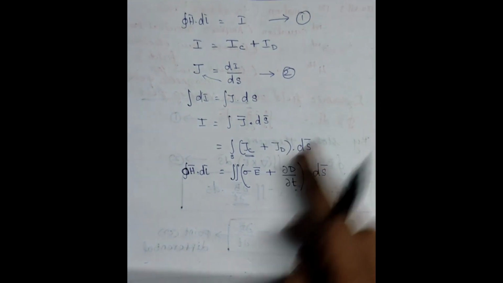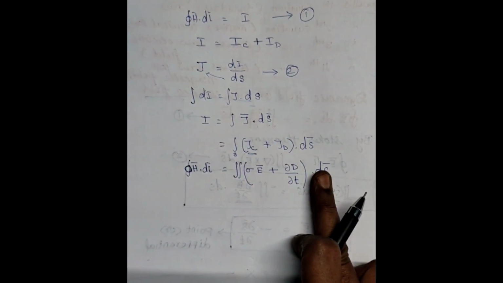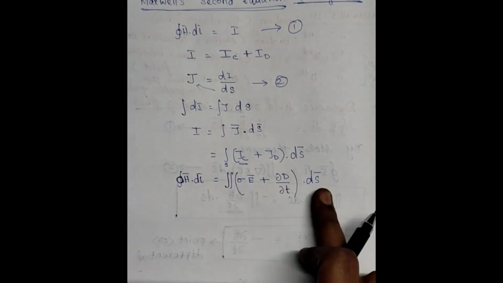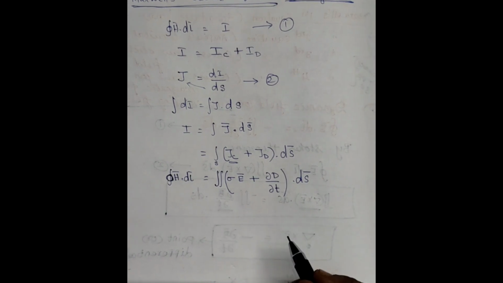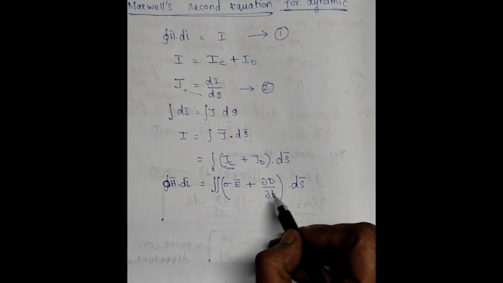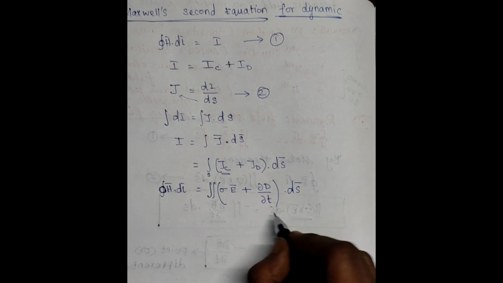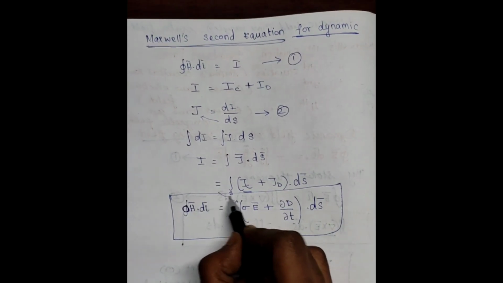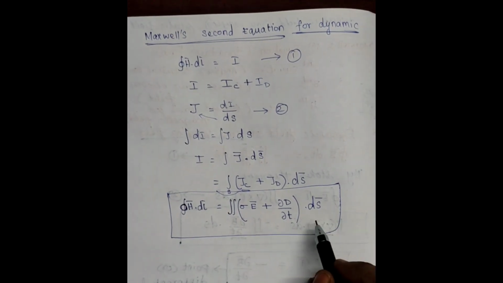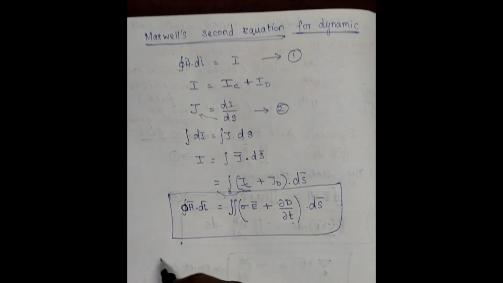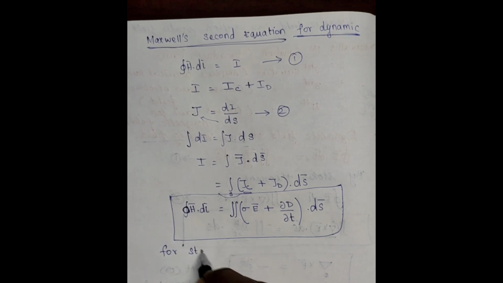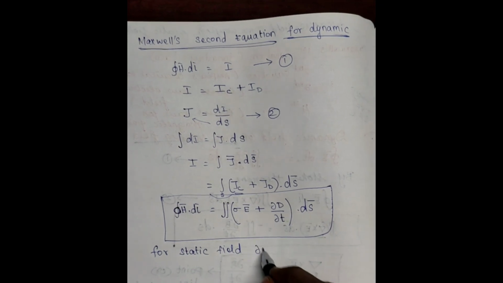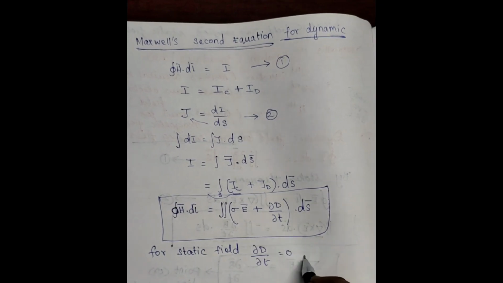This equation is the integral form of Maxwell's second equation, derived from Ampere's circuital law, for dynamic field. For static field, you simply put 0 here. Dou D divided by dou t will be 0.